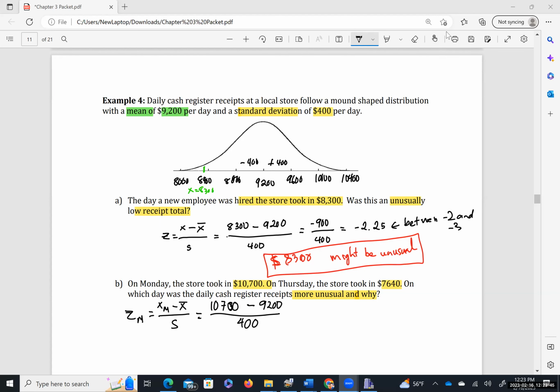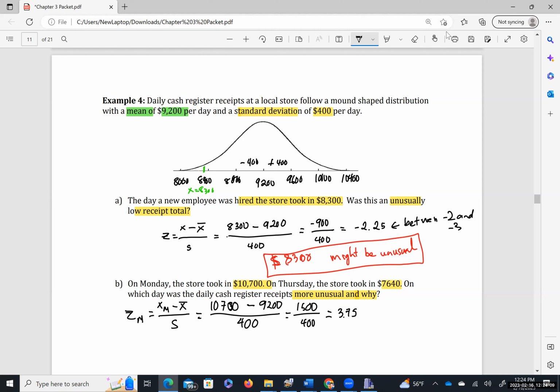Use calculators and you will get 1,500 divided by 400, which will give you 3.75.